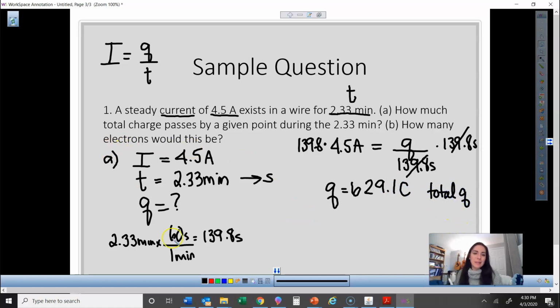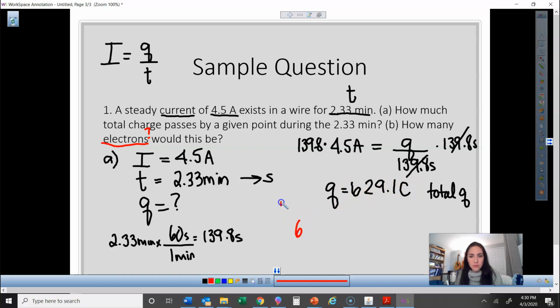But if I want to know how many electrons this will be, that's using the content from the previous lecture. So this is calculating the number of charges. If I'm finding the number of charges, I have to take this and divide it.